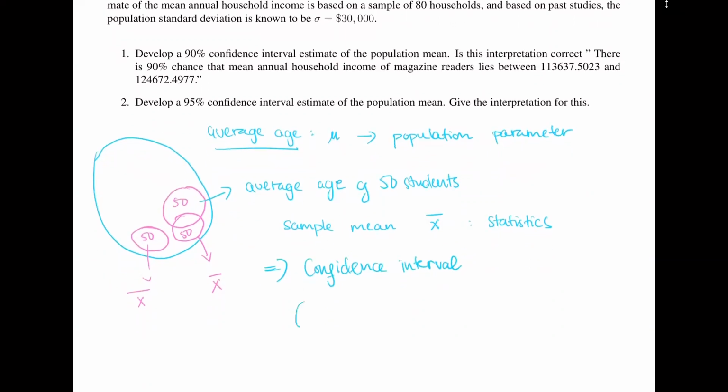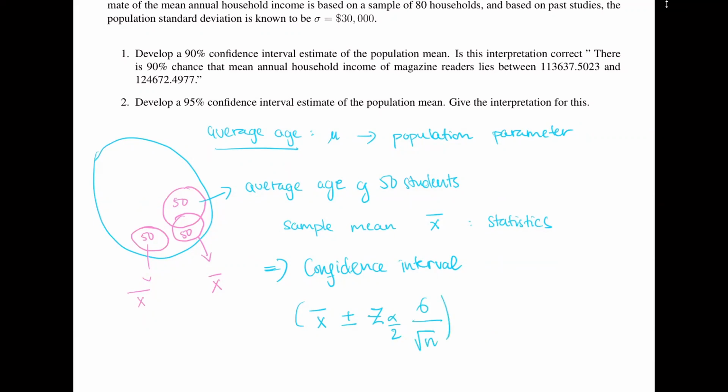It would be given by a sample mean plus and minus this one. Okay, let me just write down the notation and I will explain it. So you have this divided by this.